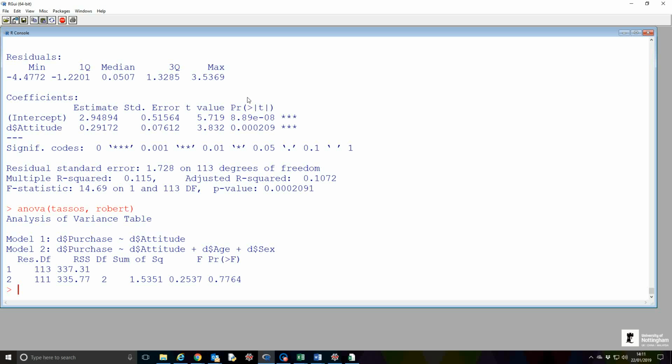It gives us the differences between the degrees of freedom and the sum of squares, and it tells us that this difference is significantly higher than the F criterion. So the second model is significantly better than the first model.